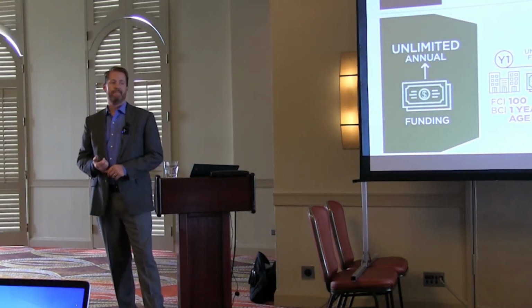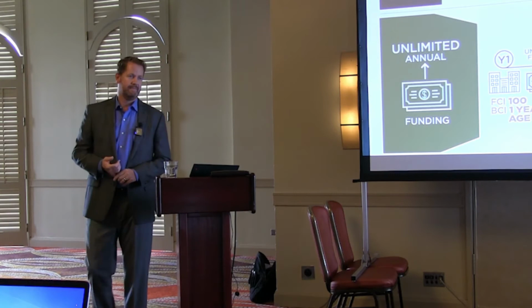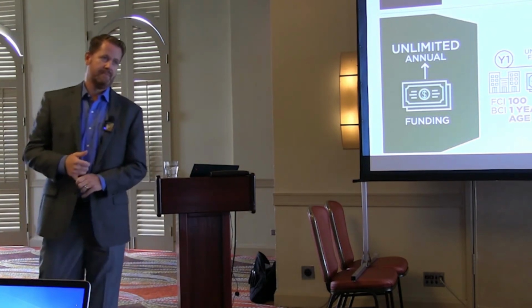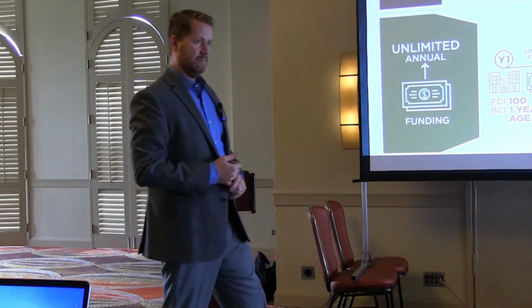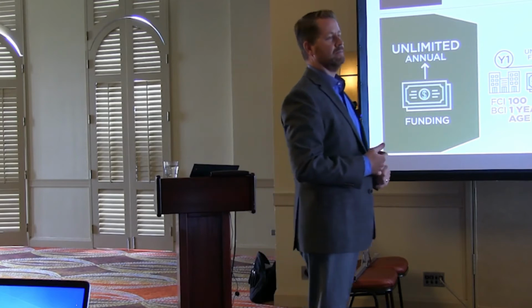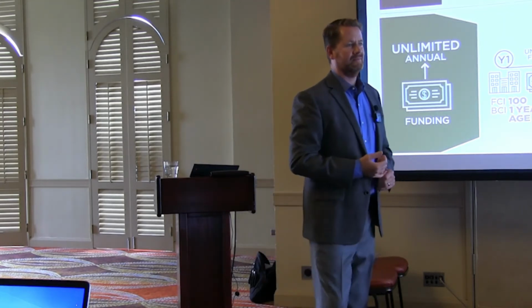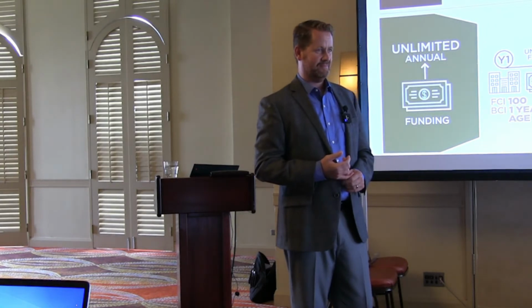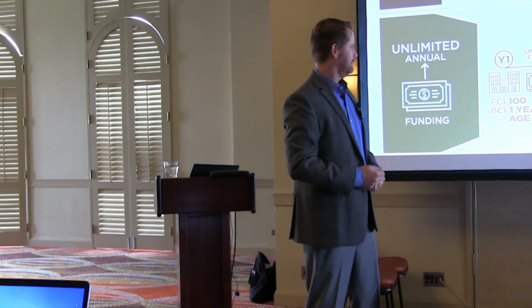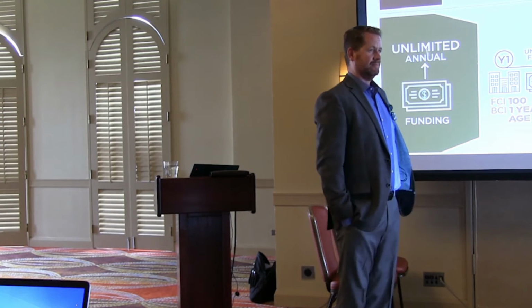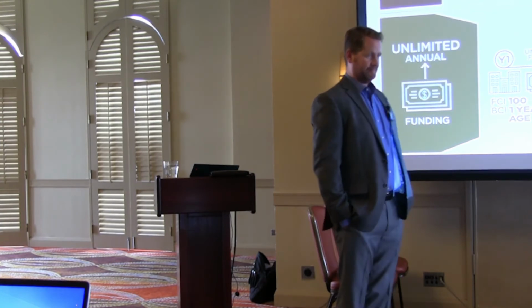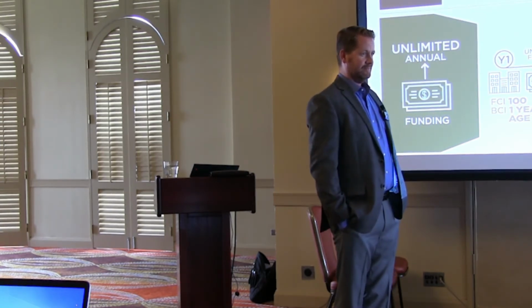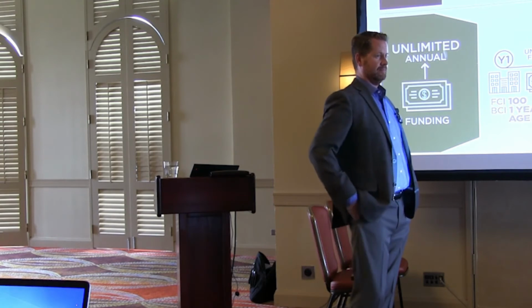Yes? With the unconstrained though, when you run the other ones, you don't get a true picture of what your FCI is, because it moves stuff into future years for you, rather than telling you in my current year, I need to know what my unconstrained is, because that's the only way I really know what my FCI in my building is.